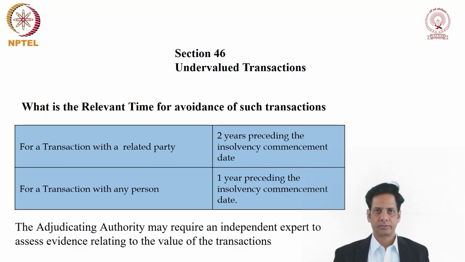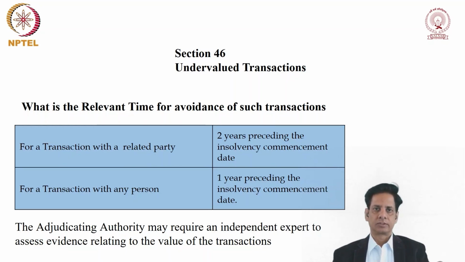Hence, such transactions cannot be avoidable. That's why the time frame matters: before the commencement of the insolvency or the liquidation, at what time the transaction took place. If it is within the relevant time which is mentioned in the section, then it's an avoidable transaction. So let's see what the time is.